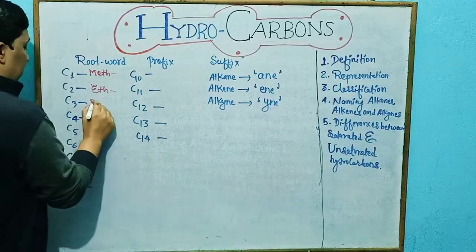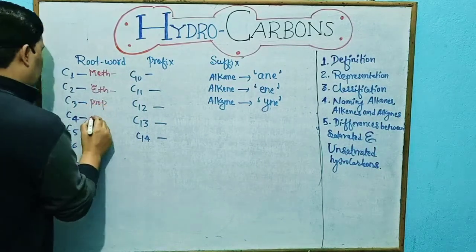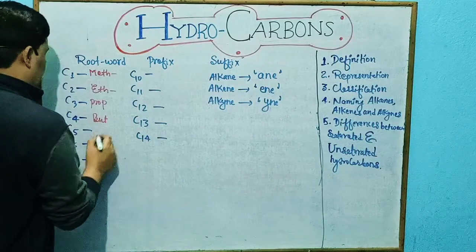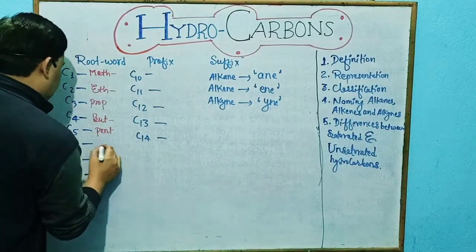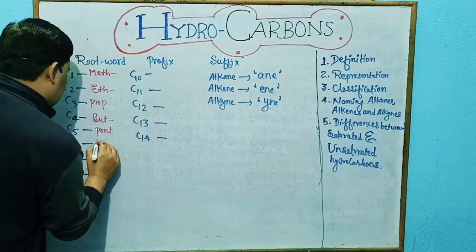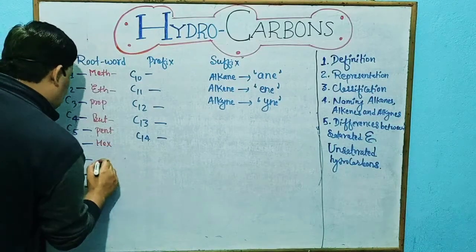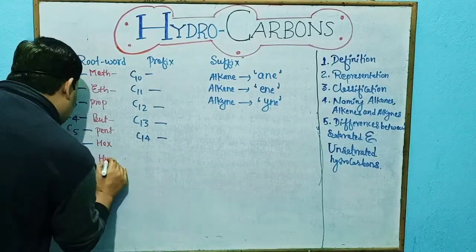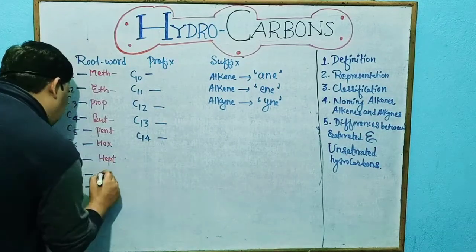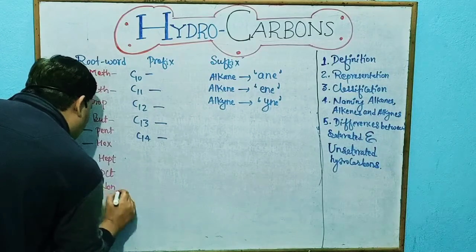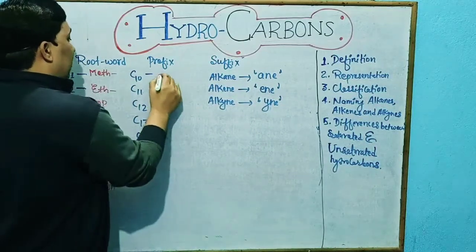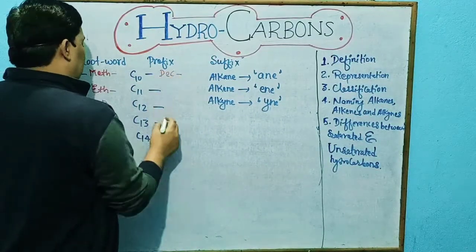For 3 we use prop. For 4 we use but. For 5, pent. For 6, hex. For 7, hept. For 8, oct. For 9, non. For 10, dec.